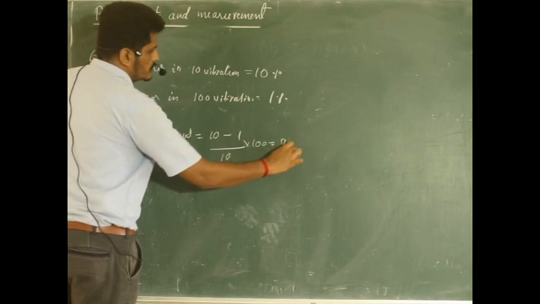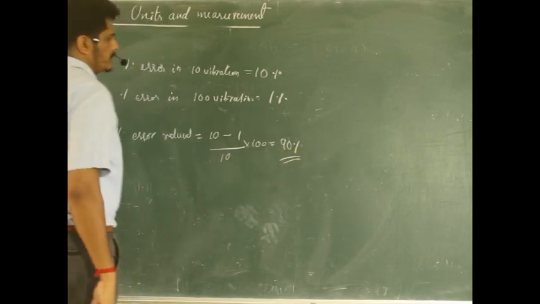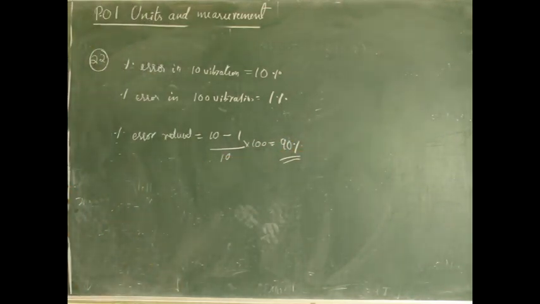So the answer is 90%, correct? Initially 10 vibrations, then he made 100. That means he has taken 90 extra vibrations. So how much percentage of reduction of error has taken place? That is 90% reduction of error. So our option is what? Our option is option 2.